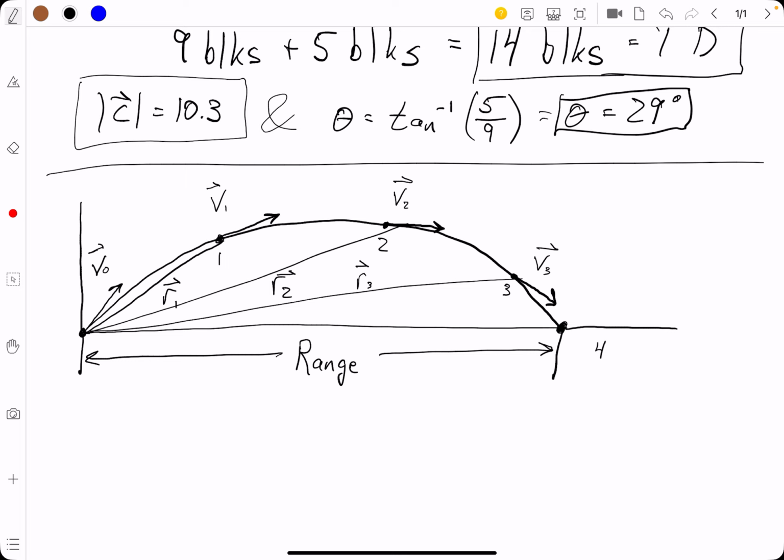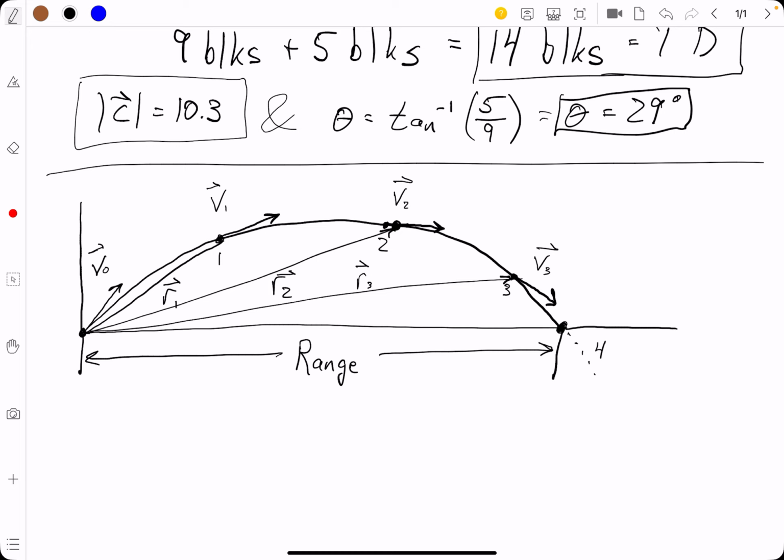So there's these different vectors. We've got our positive vectors. All of them are positive. In this situation, of course, it could drop down, and we'll have negative aspects to the positional vectors.